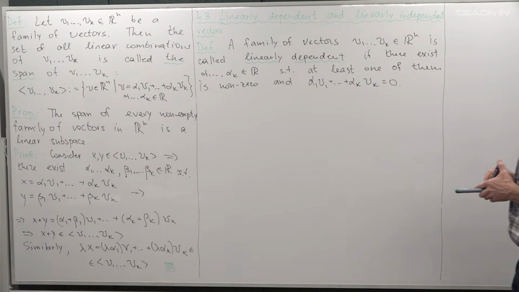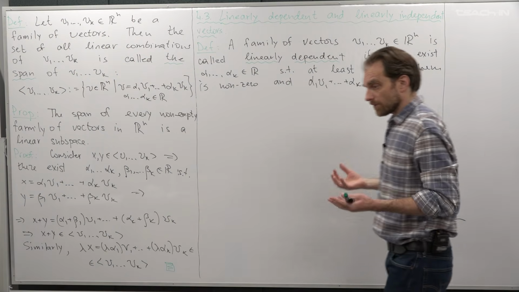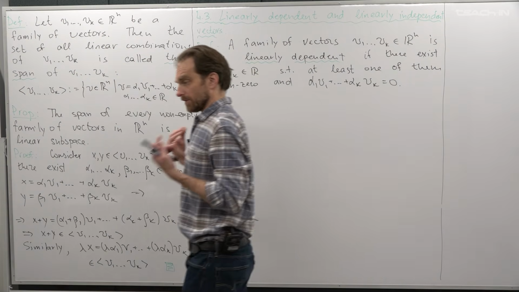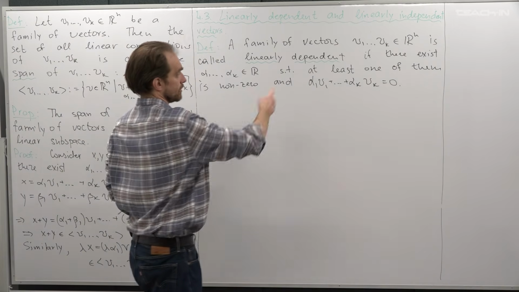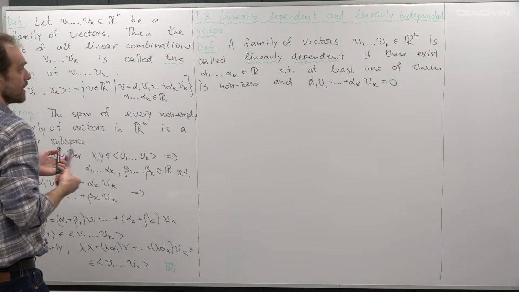So a family of vectors is called linearly dependent if there exists a non-trivial linear combination of these vectors equal to 0. So non-trivial means that at least one of the coefficients is non-zero.